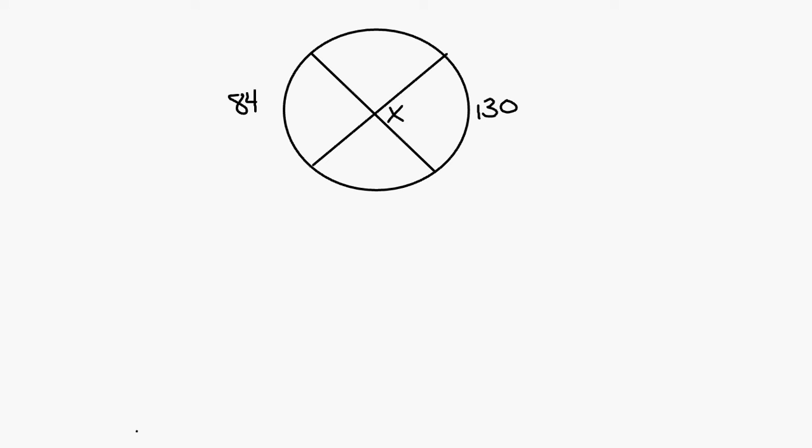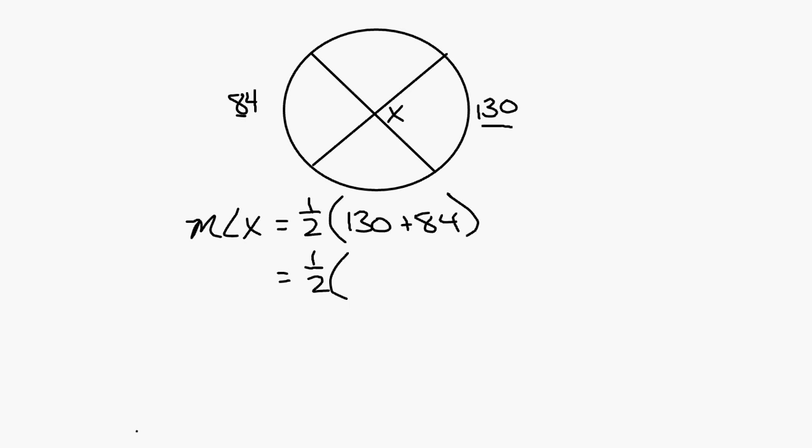So the measure of angle X is going to be equal to 1/2 times the 130 plus the 84. You can do that in your calculator. That's 1/2 of 214, which equals 107. There's your X.